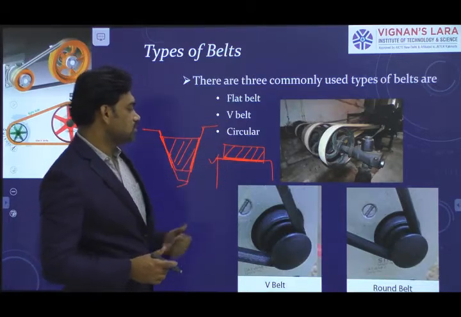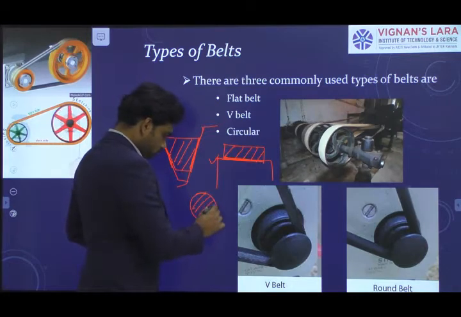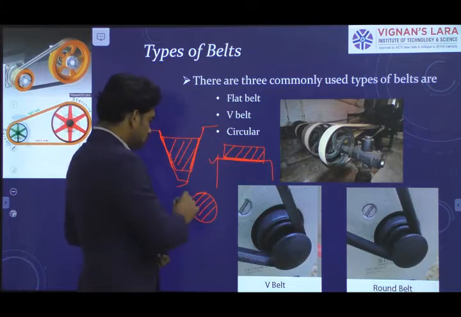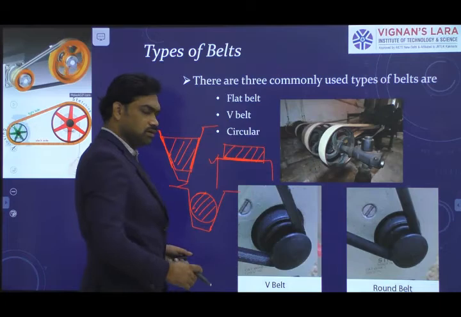Clear? And coming to the circular belt, the cross section is circular. For these you also need grooved pulleys.